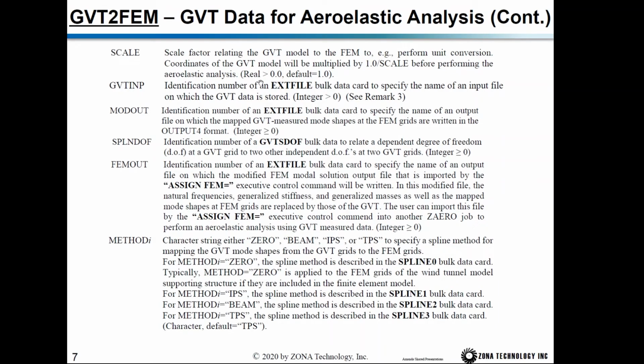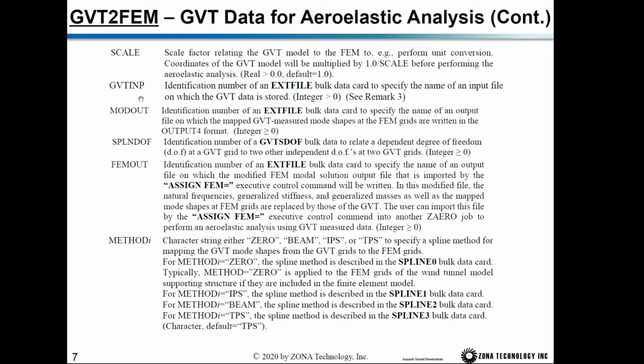And scale, in case the size of the GVT model is different from the finite element model, so maybe the length unit is different. So you use the scale to convert them to be the same unit.